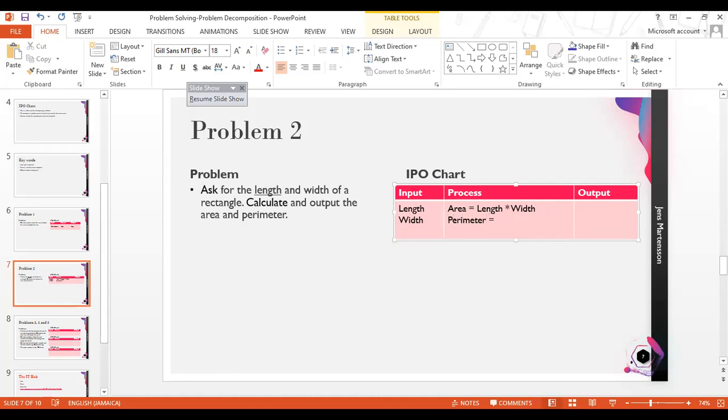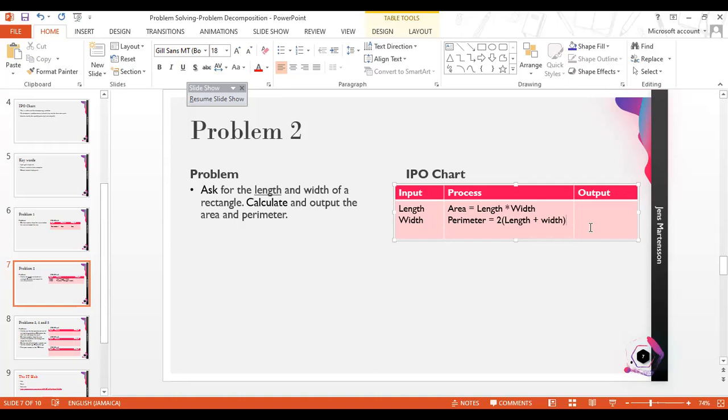And you know that when we want to find the perimeter of a rectangle, we add all four sides. So there are two lengths and there are two widths. What I will do, I will put the two, open the brackets, and I will put length plus width.